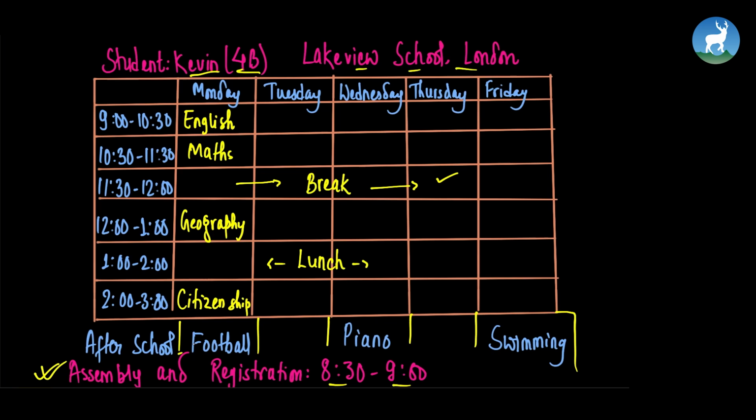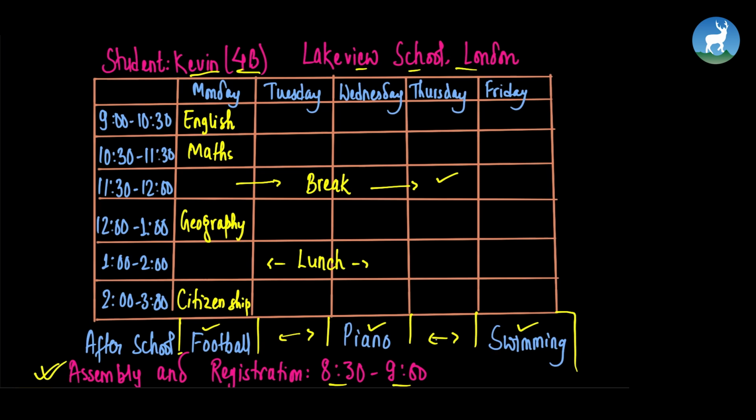On Sunday after school they learn football. On Wednesday after school they learn piano, and for Friday they have swimming scheduled in their routine. So they don't have anything after school on Tuesday and Thursday.